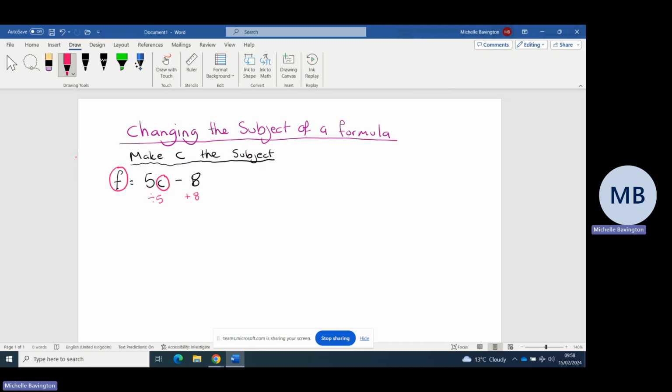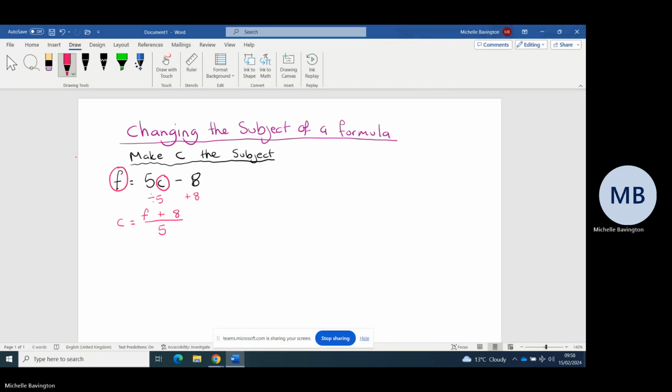Now, divide always goes at the bottom. That's how we divide in maths. We've got the F and we've got the plus 8. So now C equals... So we're just doing the opposite.